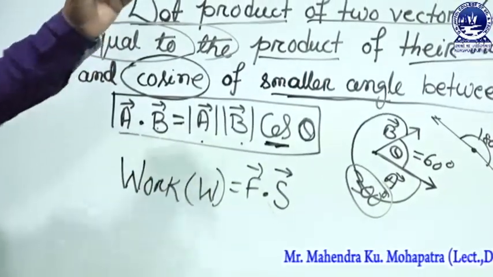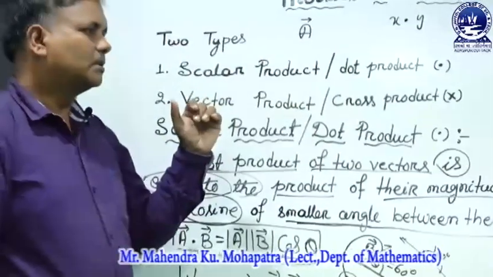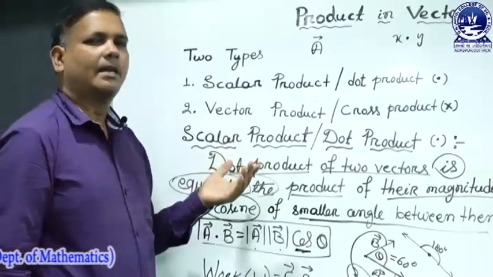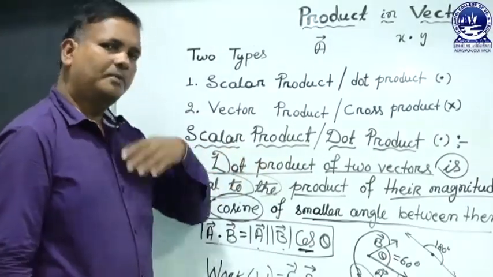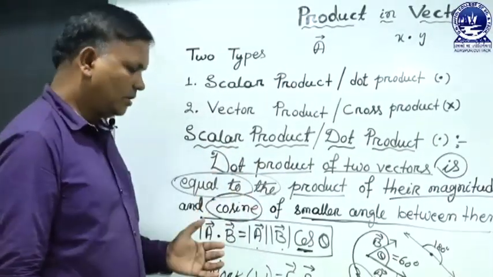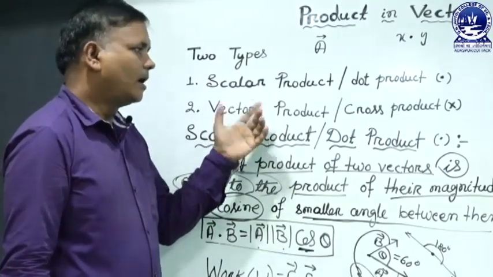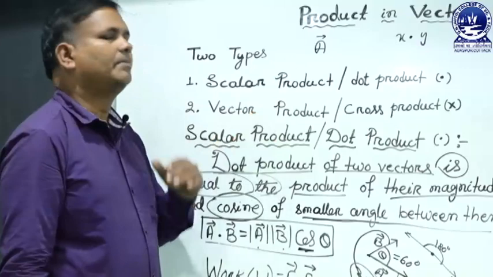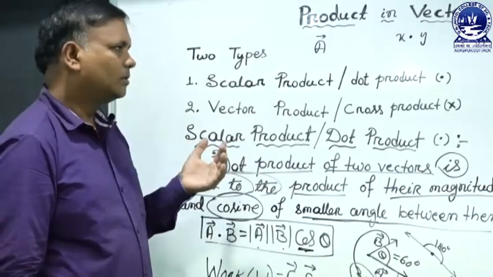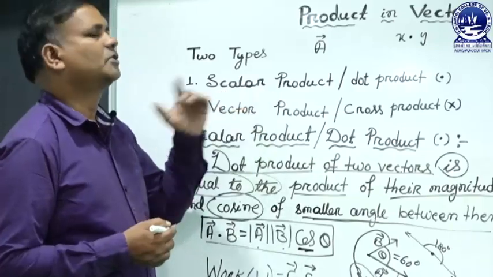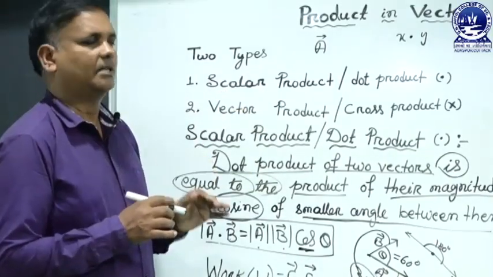That means the product of two vectors is of two types. One is scalar. Why is it called scalar? Because after the product, the result is a scalar. In some cases, after the product, the result is a vector. So on the basis of direction, the product is of two types, one scalar and another vector.